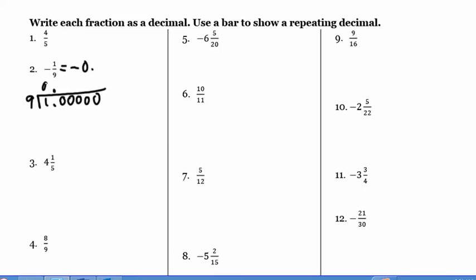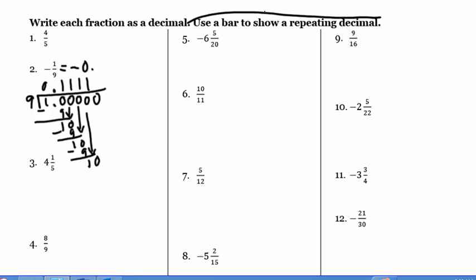9 doesn't go into 1, but 9 does go into 10 one time. Remainder of 1. Bring down that 0. 9 goes into 10 once. 10 minus 9 is 1. Bring down the 0. 9 goes into 10 once. And you'll notice as we keep on doing this, we get 1s repeating. So that's what the directions are saying.